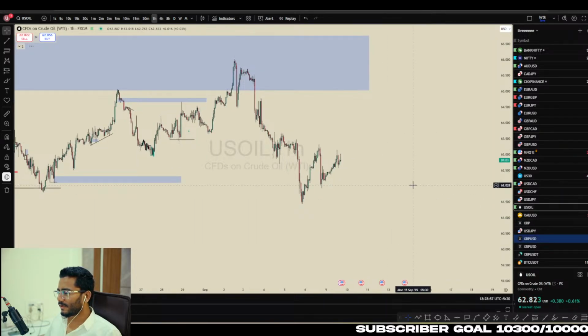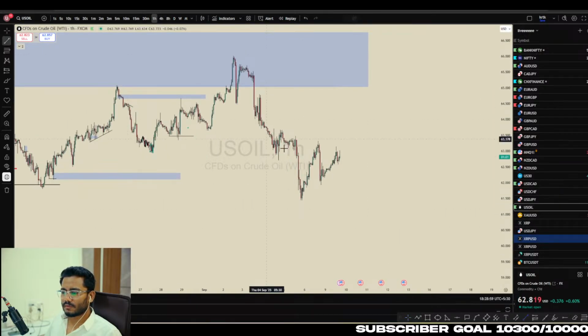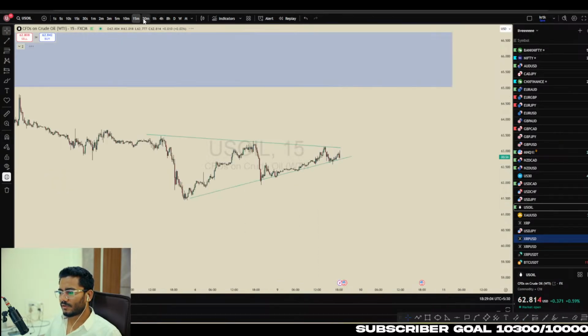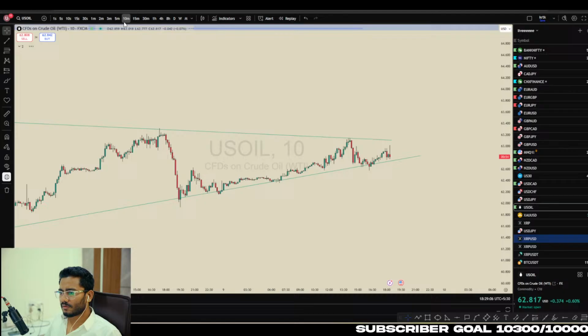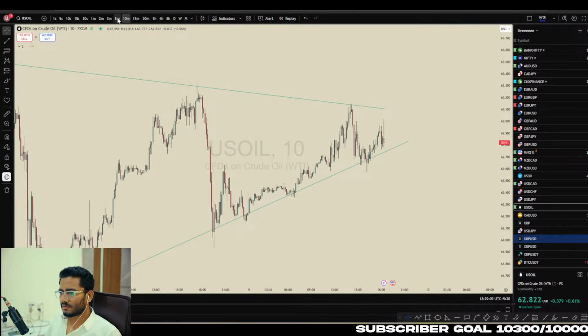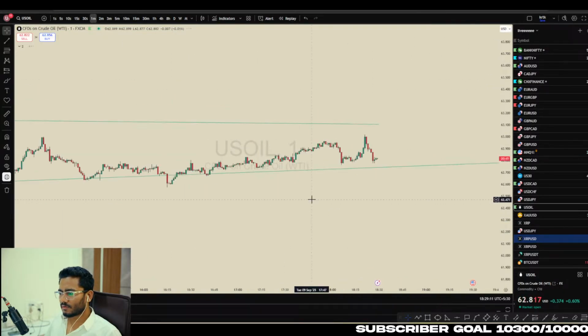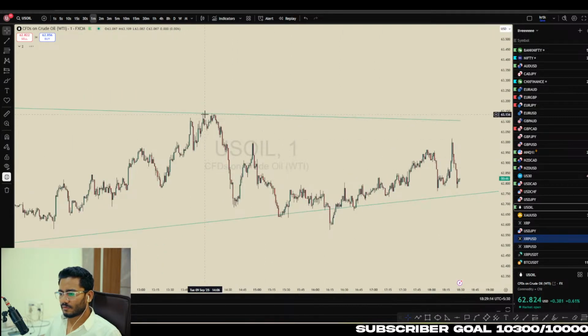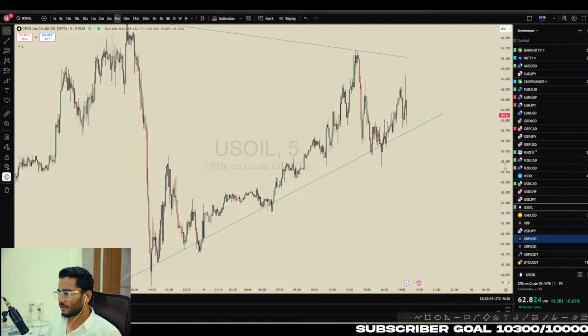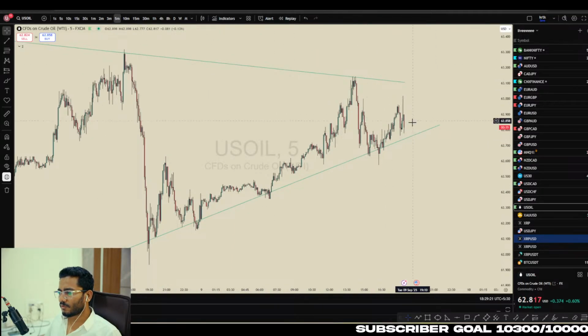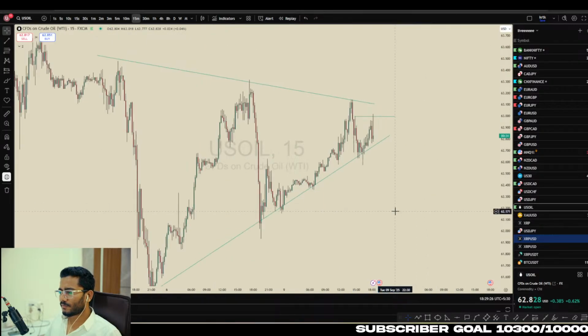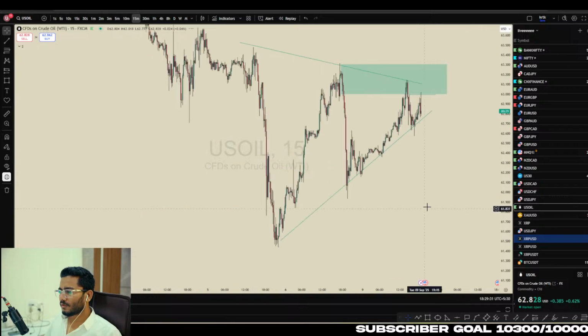Crude oil is creating a trend line liquidity, so I'm not sure on this. Here there is liquidity, here to the upside there is liquidity, but the overall trend is to downside, then it should continue to downside from this order block. Price has already swept the liquidity, so it should continue. Price has reacted from this area.